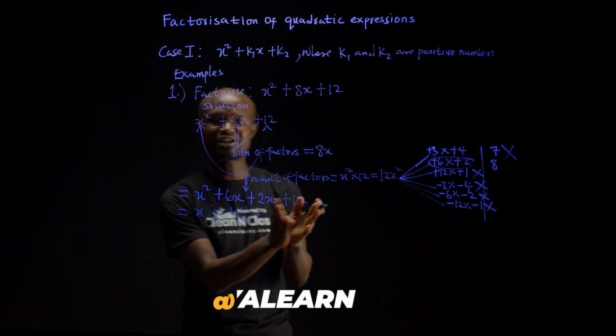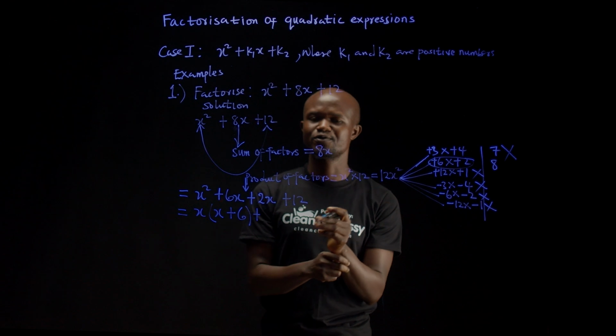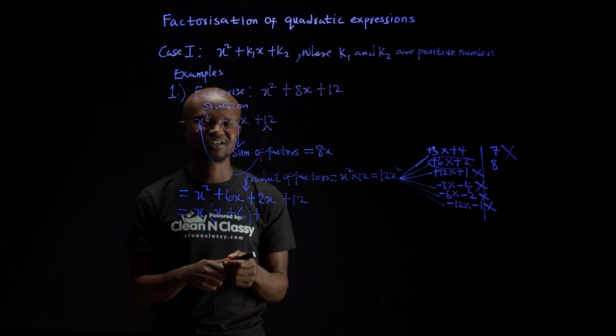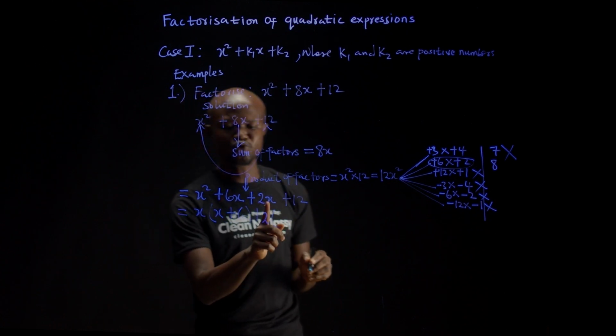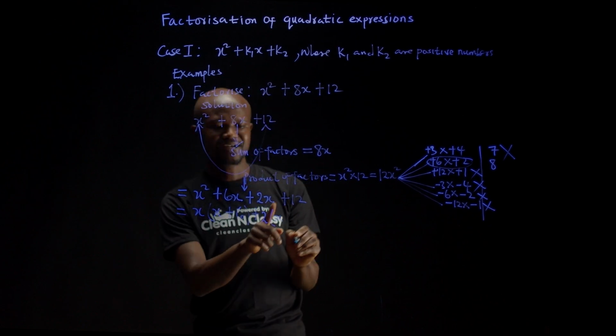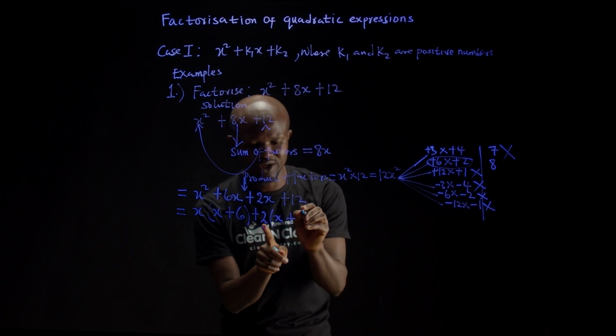Plus the last two terms, 2x and 12. The highest common factor there is 2. 2x divided by 2 gives x, and 12 divided by 2 gives 6.